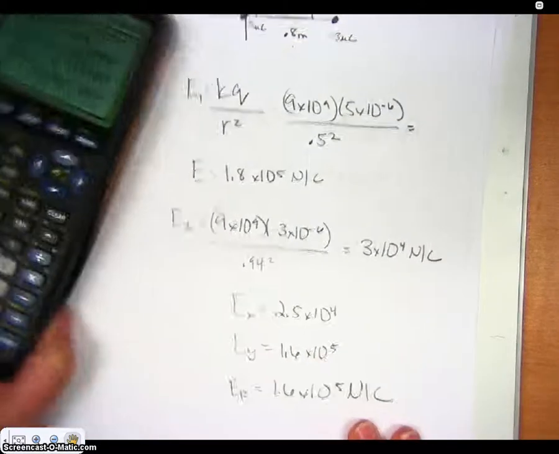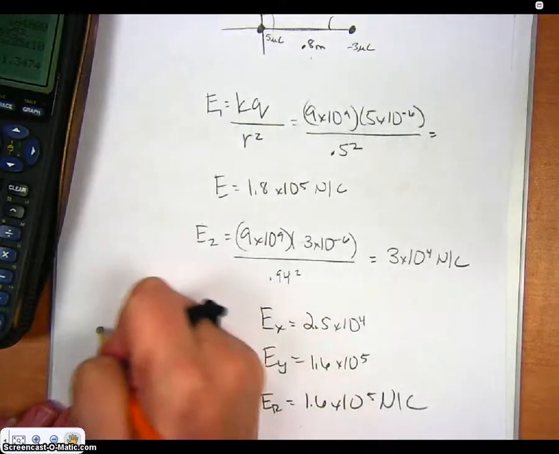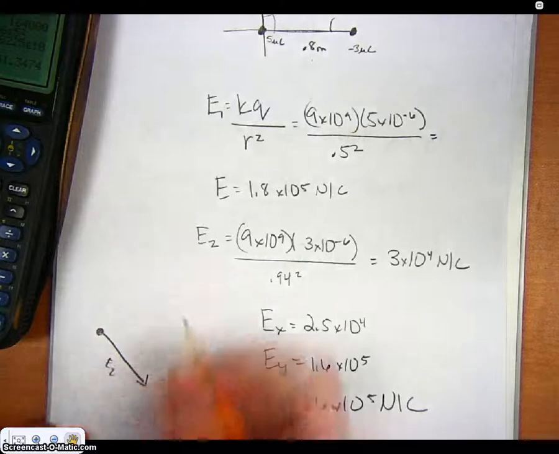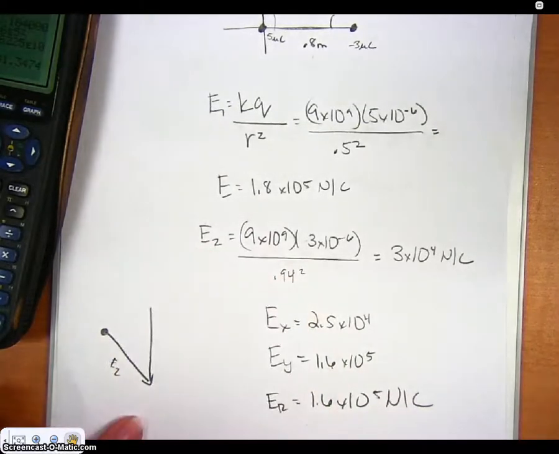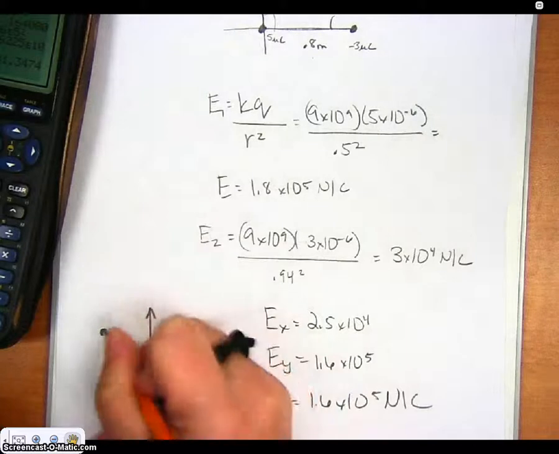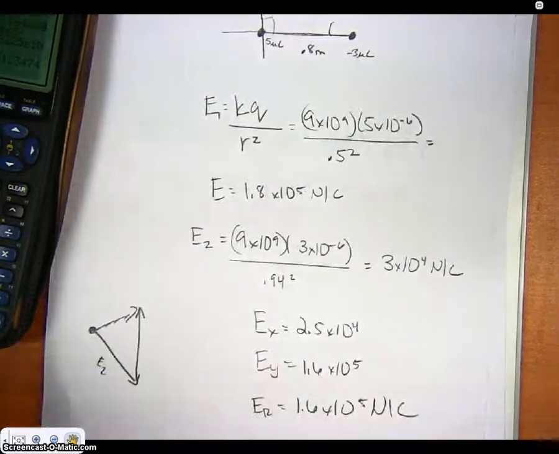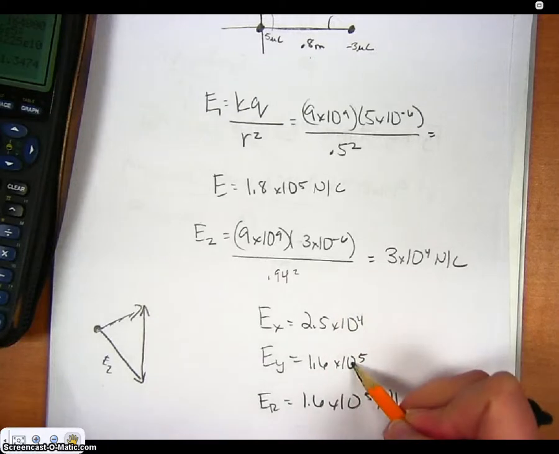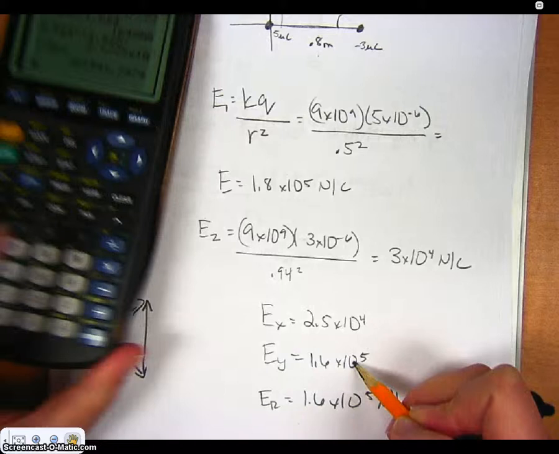And then let's look at the angles. If I draw them again, we're going to start here, this is E2, and then this is E1, which is a lot bigger than E2. So that's going to be my resultant in this direction. I'm just going to do the opposite over the adjacent, or y over x, of my resultant vector.